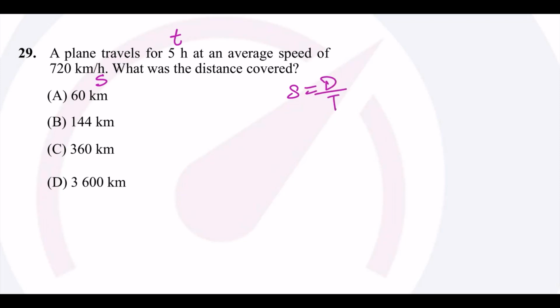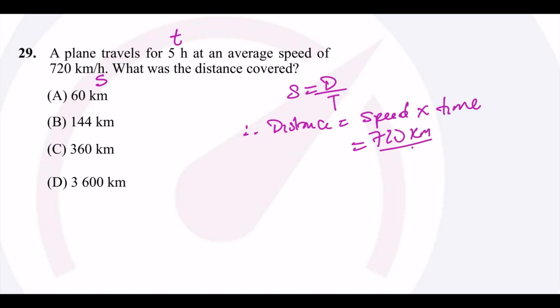So distance is going to be equal to, when you transpose the formula, distance is equal to speed multiplied by time. So what's our speed here? Our speed is 720 kilometers per hour and our time is 5 hours.